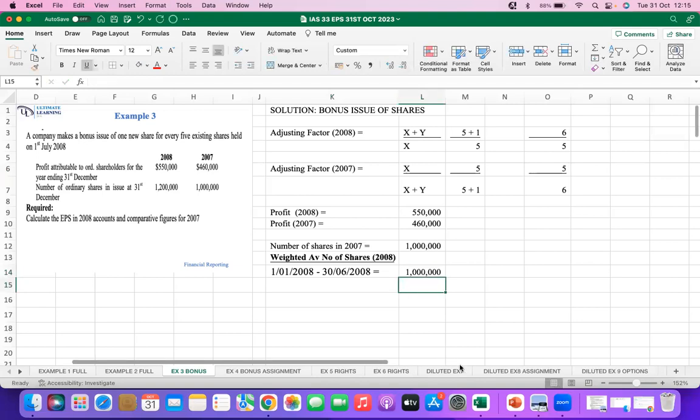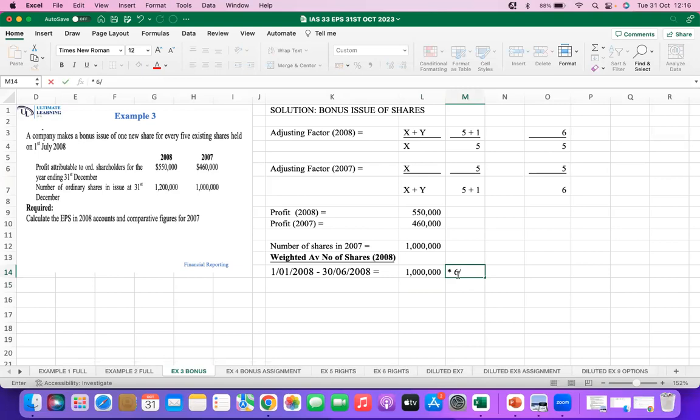This is a duration of 6/12, and you multiply by the adjusting factor.